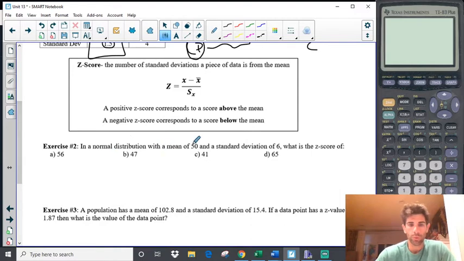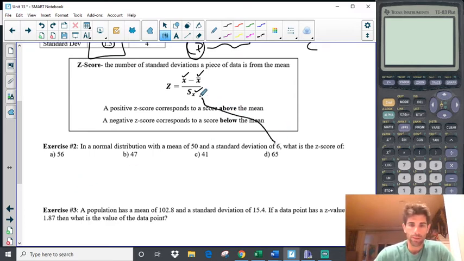In a normal distribution with a mean of 50 and a standard deviation of 6, what is the z-score? You subtract the mean from your score and divide by the standard deviation.